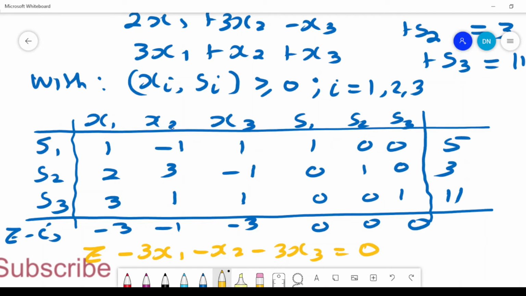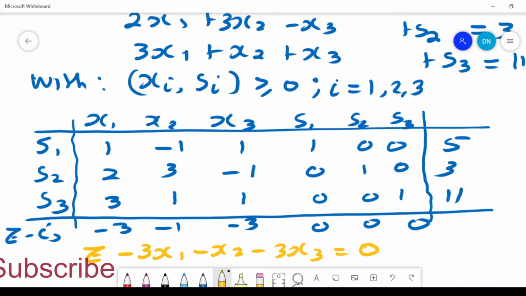Then we have X1, X2, X3, S1, S2, and S3. And based on the data that we had, it was x1 minus x2 plus x3 plus s1 is equal to 5. Then it was 2x1 plus 3x2 minus x3 plus s2 is equal to 3. And then the last one was 3x1 plus x2 plus x3 plus s3 is equal to 11.